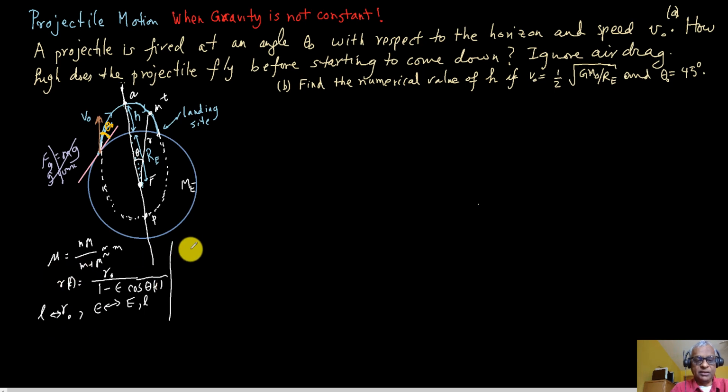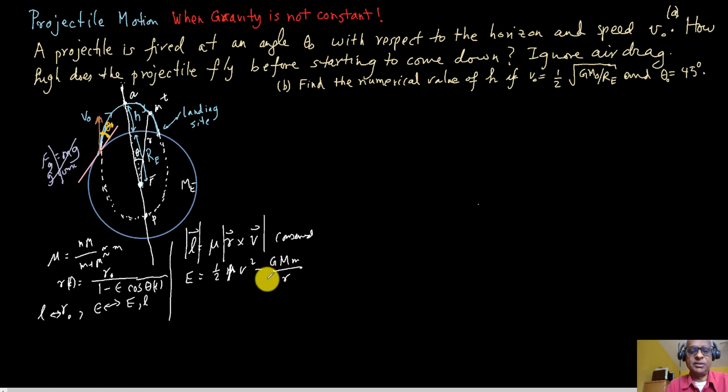Another way to look at it is that the angular momentum vector is mu r cross v at any time, and this is conserved, and energy is half mu v squared minus GMm over r.